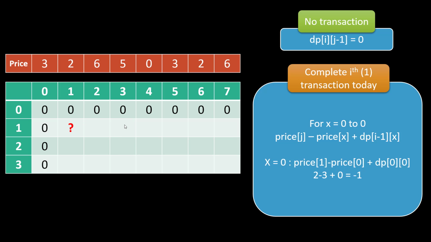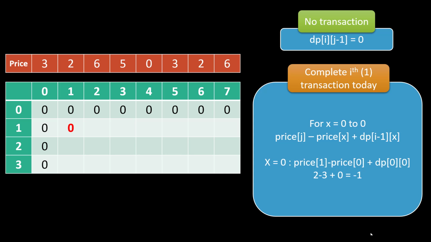So that will be by saying that let's try to buy on all the previous days, which means from x equal to 0 to 0, because we do not have any previous days further than this, we say that it will be buying on this, selling on this, which makes the profit 2 minus 3, which is minus 1, plus I'll consider the profit of I minus 1 transactions, which is 0 transactions profit from the day I bought, which is on day 0. So this is the value that I'm going to consider. So maximum of 0 and minus 1 is obviously 0.